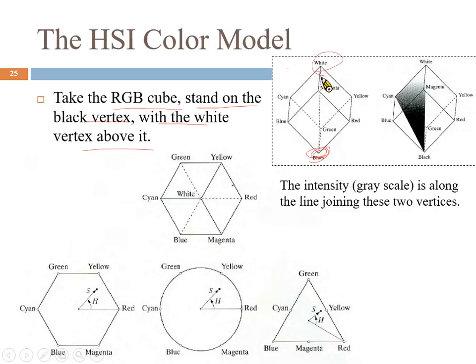So we just use another viewpoint to see the cube. When we look at this cube from the top, we can see that it's actually a hexagon.